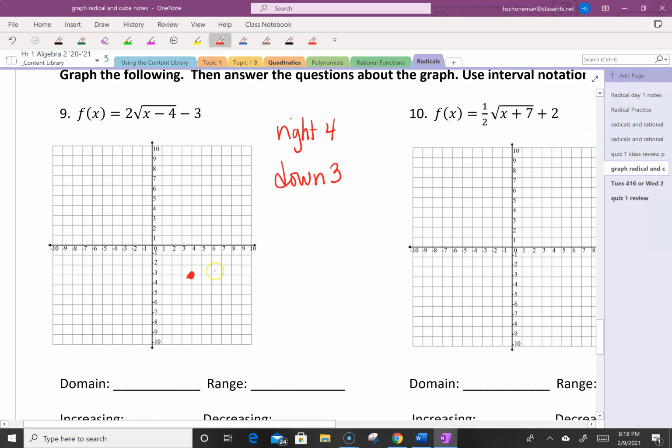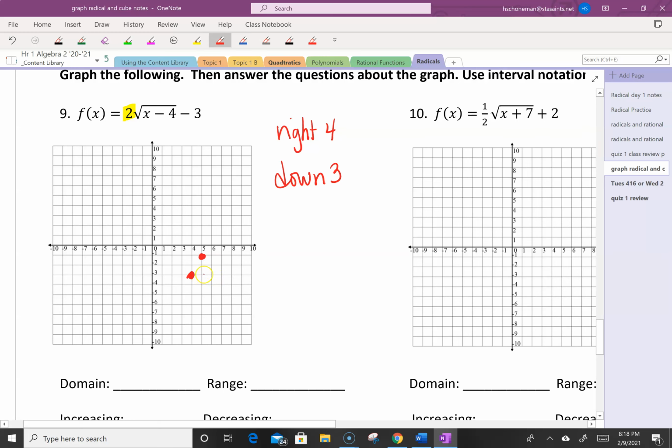Now normally, for a square root, I'd go over 1 and up 1, over 4 and up 2, over 9 and up 3. But there's a 2 in front of it, and the 2 changes the up and down. So normally I'd go over 1 and up 1, but I have to double my up, so I'm going to go up 2.